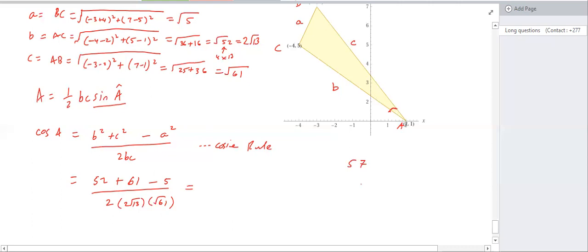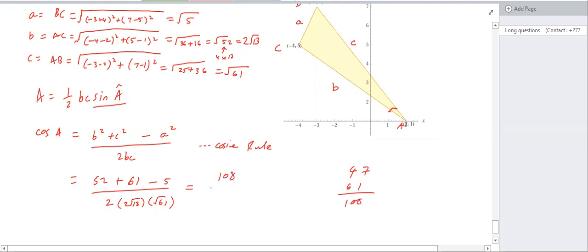Sorry, something is wrong, right? So 52 plus 61 minus 5. 52 minus 5 is 47 plus 61. We're getting 108.